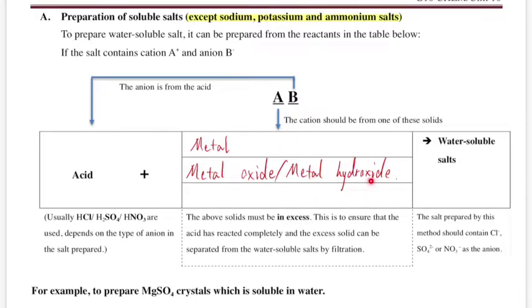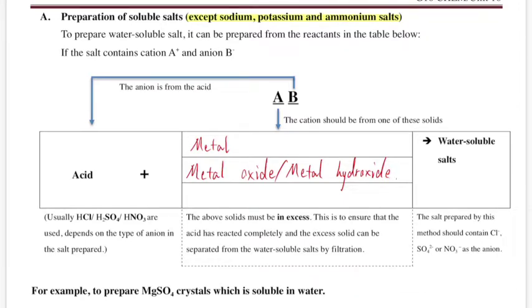This method can be used if the metal is not very reactive and cannot directly react with acid. For example, copper. If you drop some copper metal into an acid, for example sulfuric acid, you will see no reaction under room conditions. So in that case, we can add copper(II) oxide or copper(II) hydroxide to make the reaction happen.